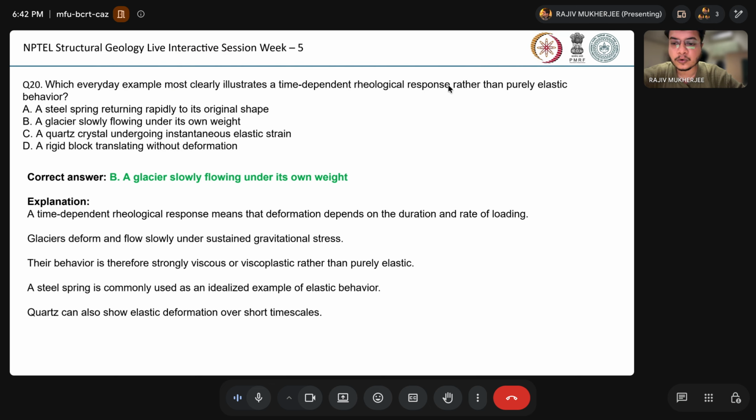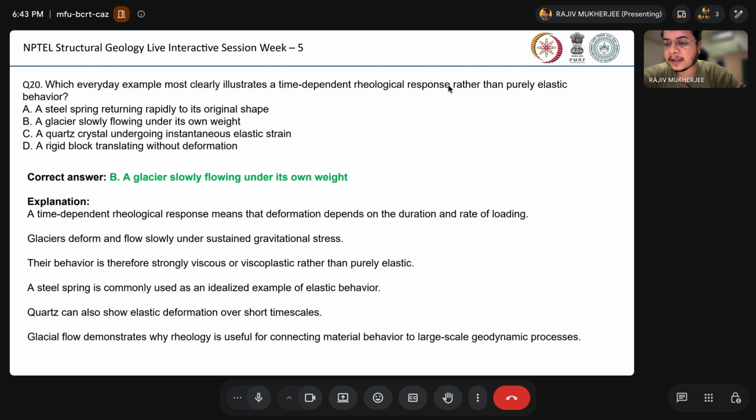Quartz can also show elastic deformation over short time scales. These are generally related with the piezoelectric behavior of quartz. But glacial flow demonstrates why rheology is useful for connecting material behavior to large scale geodynamic processes, and it is essentially a viscous deformation mode. Right?